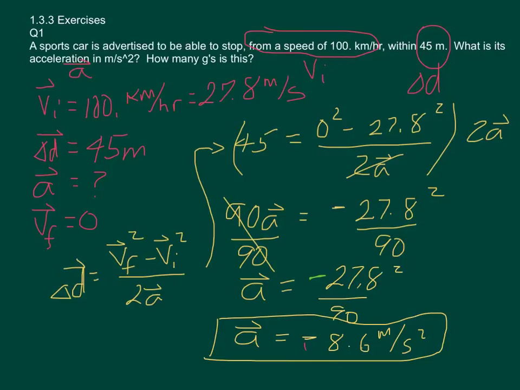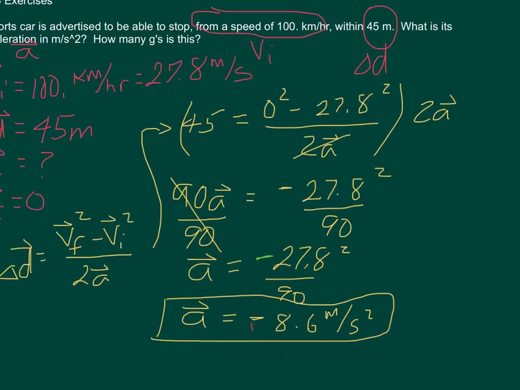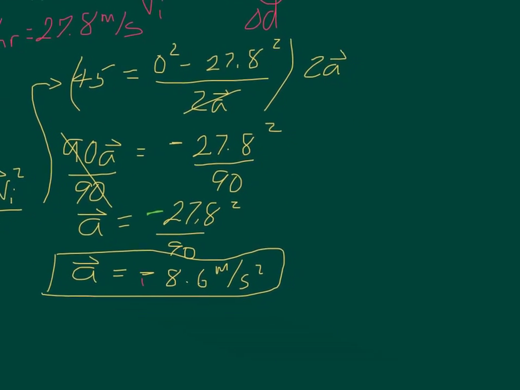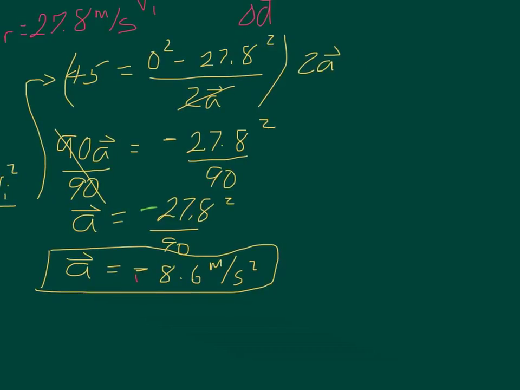Now if we want to figure out how many G's that is, we have to take and move everything here at once and solve for G. So a number of G's is just equal to whatever acceleration you're experiencing divided by G. So the G's in this case is 8.6.